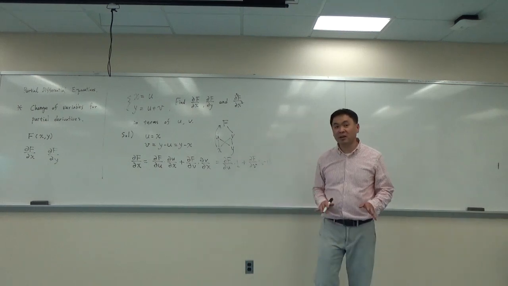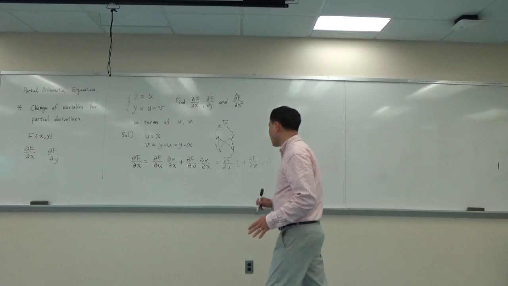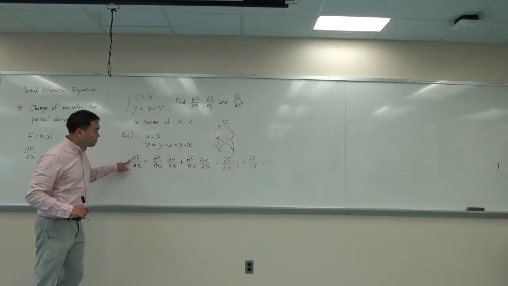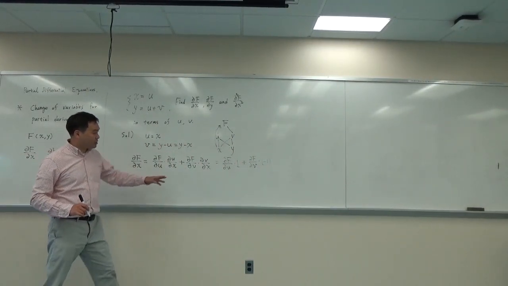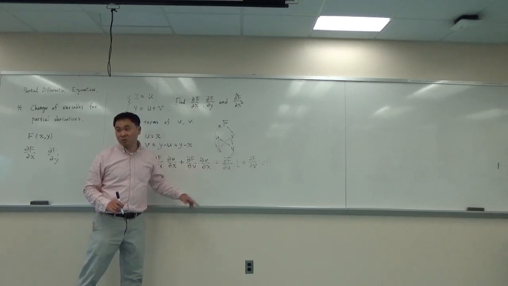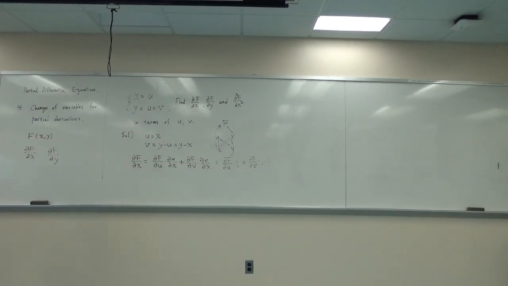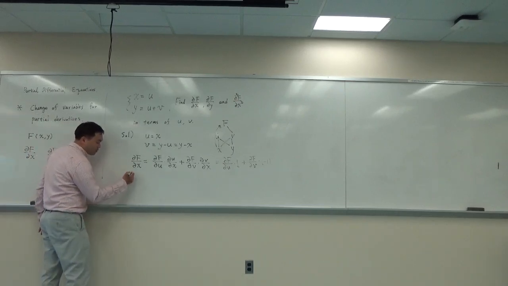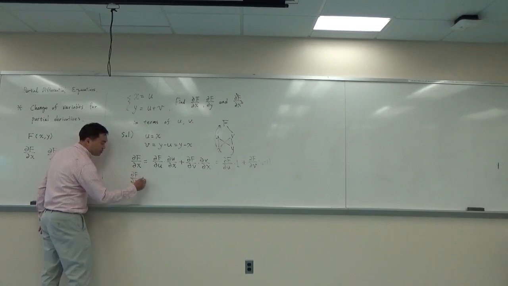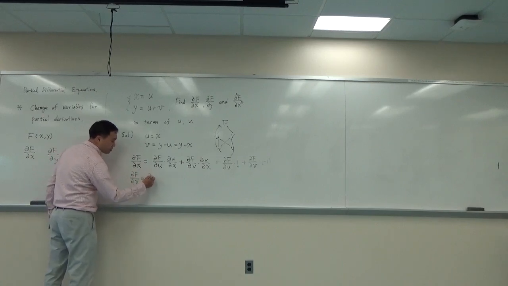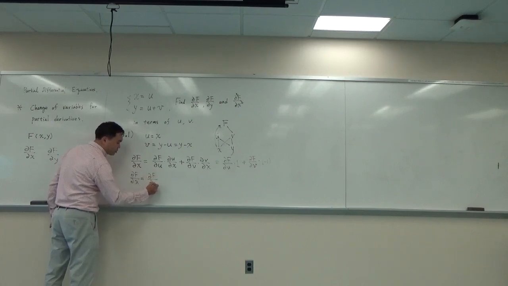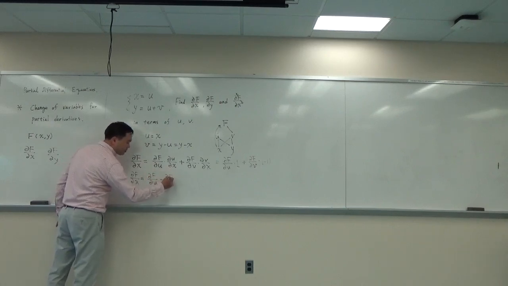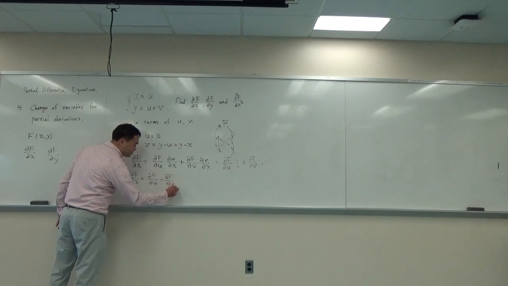So just as I said in the beginning, partial of F with respect to X is not the same thing as partial F partial U, although it seems to suggest that way. The actual answer is that partial of F with respect to X is partial of F with respect to U minus partial of F with respect to V.